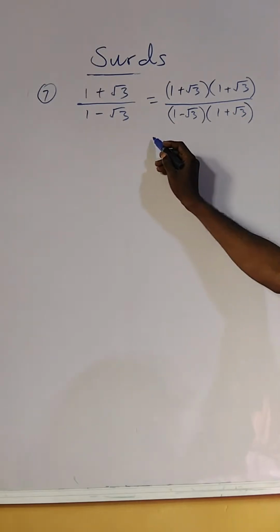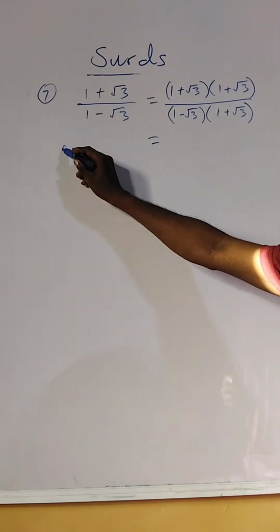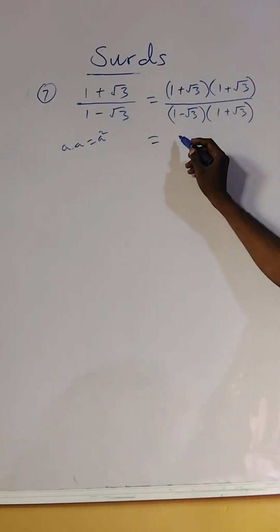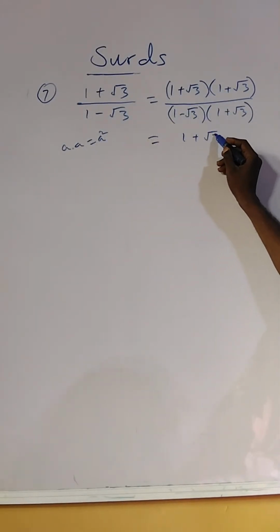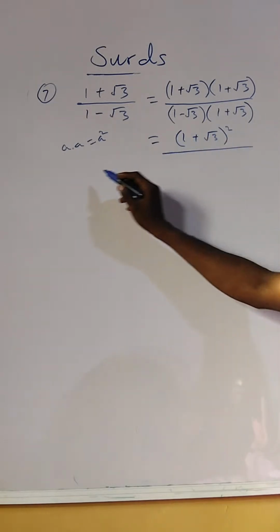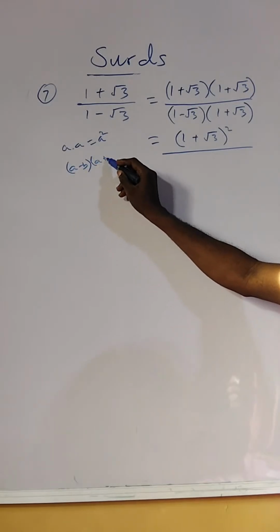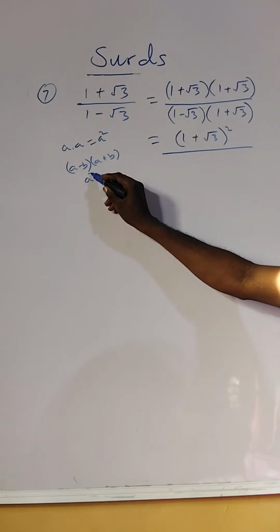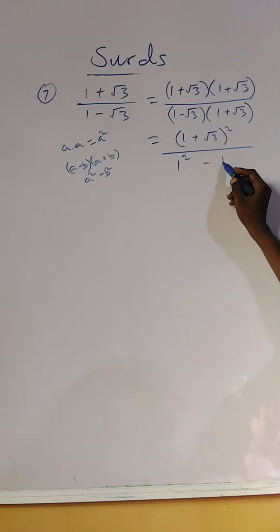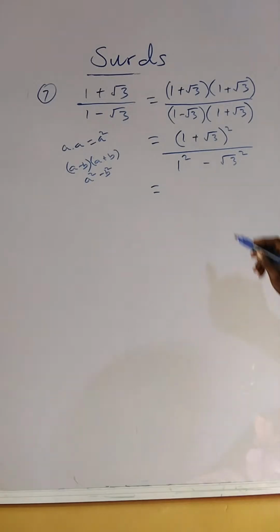Then we can expand. When we have something like this, the same thing multiplying, a times a, we can write that as a squared. Of course, we can write this as 1 plus root 3 whole squared divided by, this follows when we have a minus b into a plus b, which is the same thing as a squared minus b squared. Here we have 1 squared minus root 3 squared.